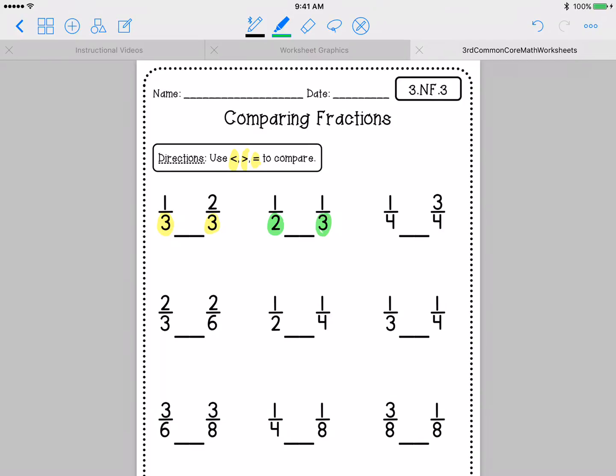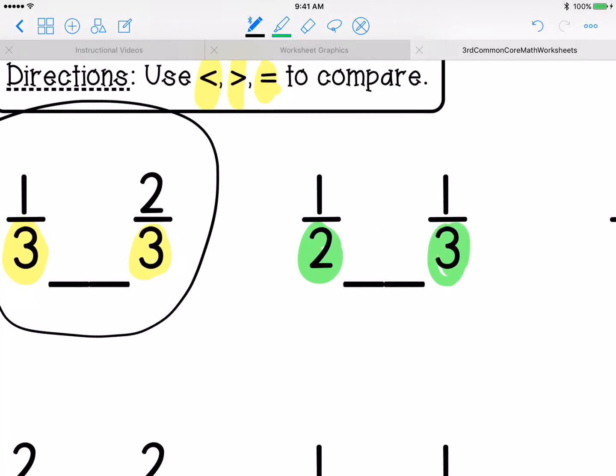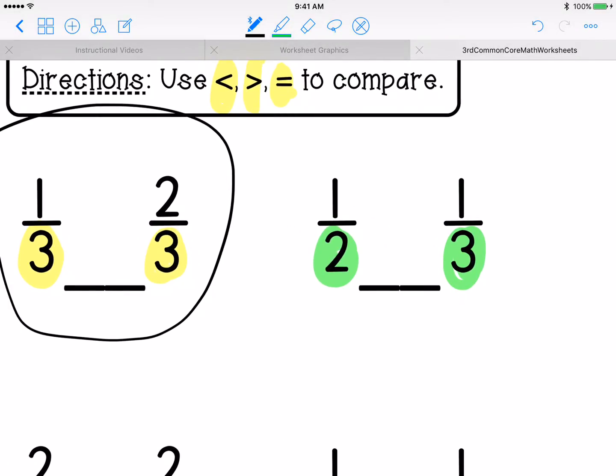I have 1/3, if I'm looking at this one, and 2/3. So I'm going to draw a picture here, okay? I'm going to draw a fraction bar. I'm going to partition it into thirds. I'm going to draw another one.